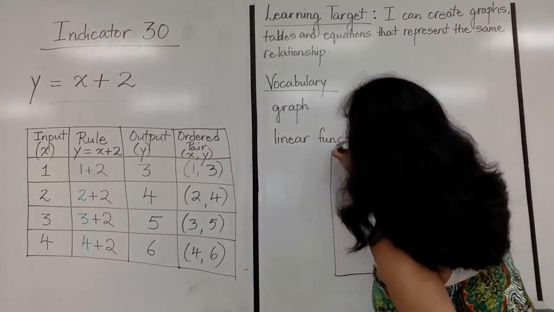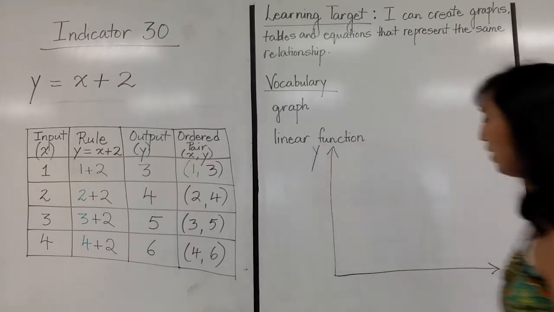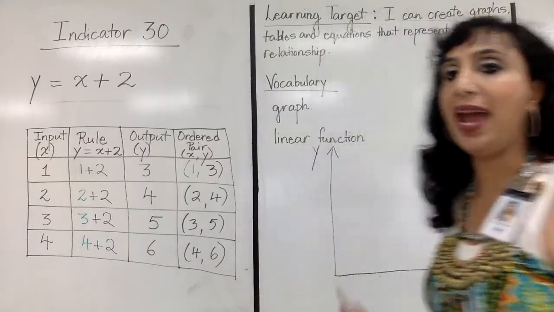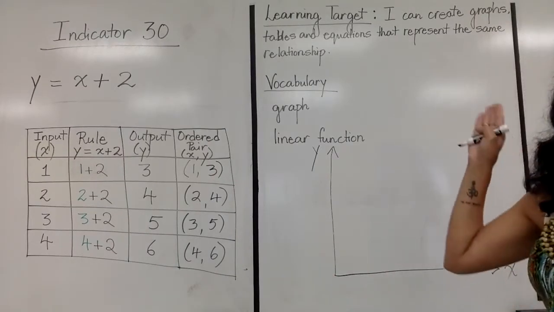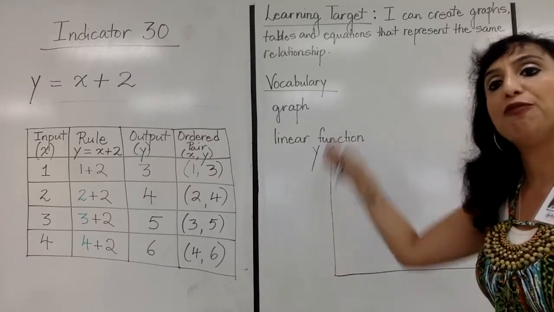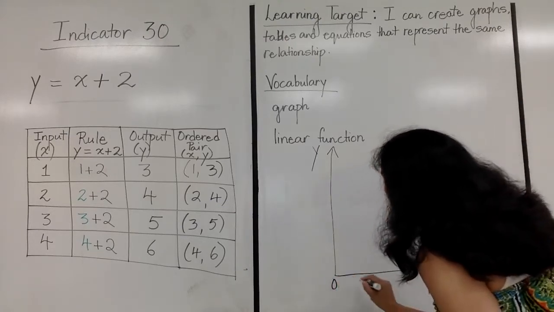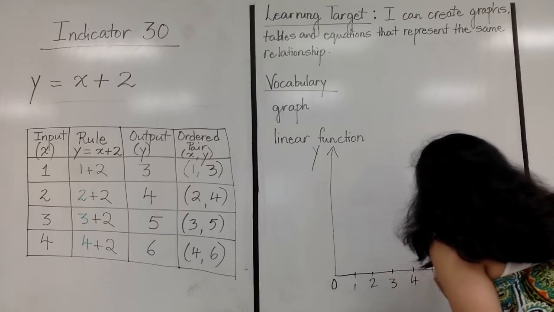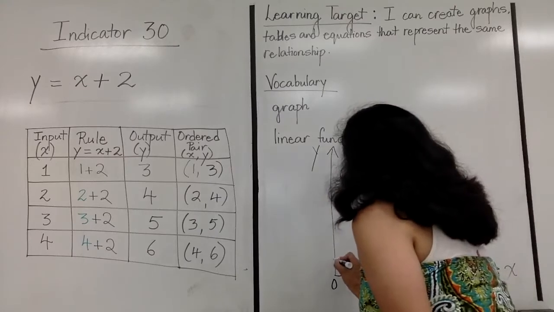I'm just going to take it like this. This is, remember, x, this is y. All right, the independent variable x is always plotted on x, and that is the horizontal line. The dependent variable, which is the output, is always plotted on the vertical line, which is y. Okay, so here we have 0, and I am just going to do 1, 2, 3, 4, 5, 6, 7, and same thing here.